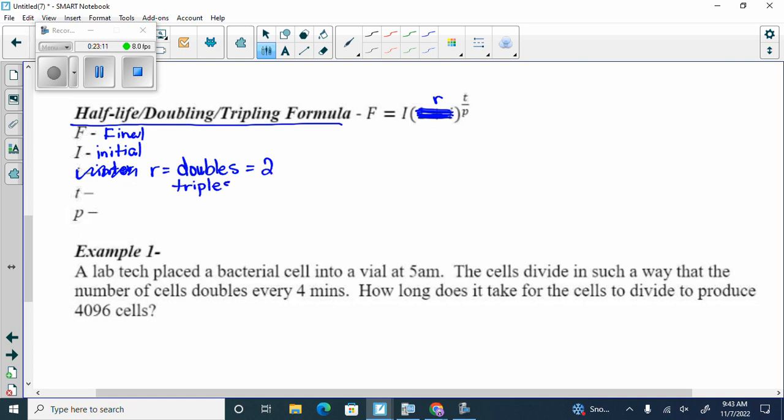It would be 300%. So what would R be? 3. And if it halves, if it's a half-life, it wouldn't be 100 anymore. It would be half of 100, which is 0.5, or a half. Both of these are totally fine.